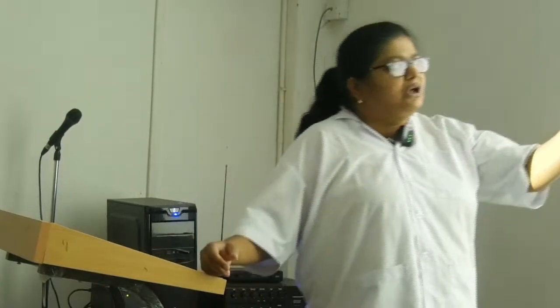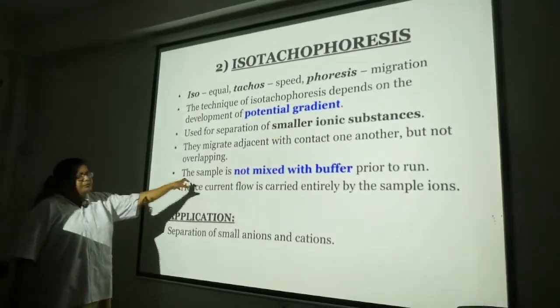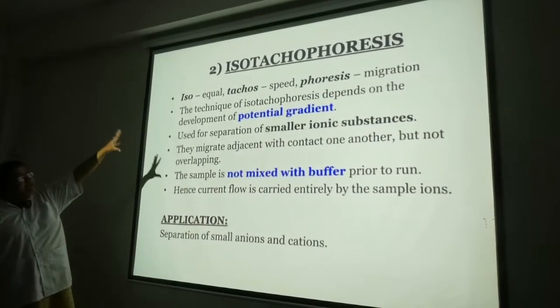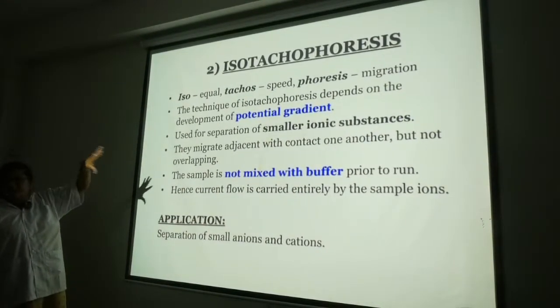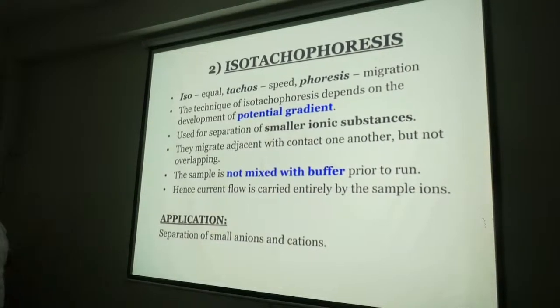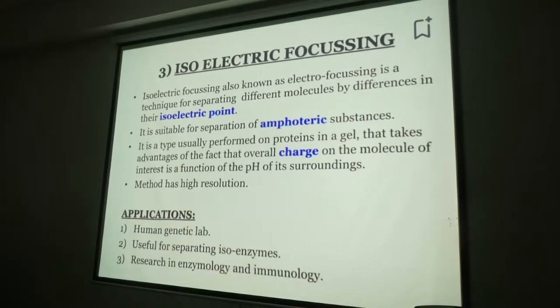The sample is not mixed with buffer prior to the run, and hence current flow is carried entirely by the sample ions. As this is not mixed with buffer, the current flows only through the sample ions. Iso means equal and tacho means speed: equal speed electrophoresis. Application: separation of small anions and cations.